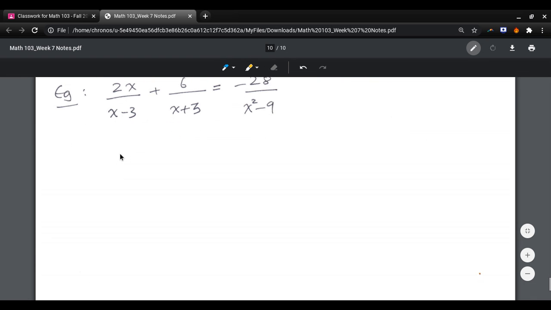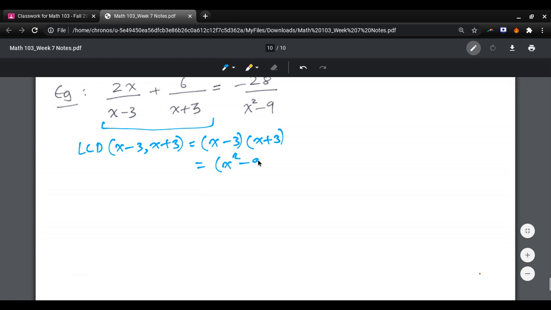Let's look at the second example here. Now in this case, all these fractions have x terms. So what I'm going to do is combine these. First of all, the lowest common denominator for x minus 3 and x plus 3: there's no common factor, so it's simply x minus 3 times x plus 3, which is also x squared minus 9.